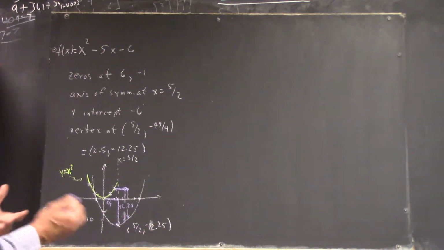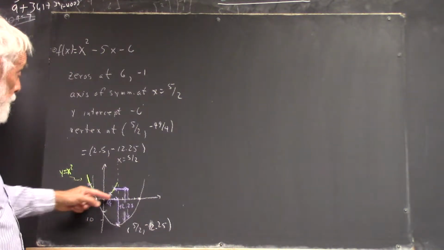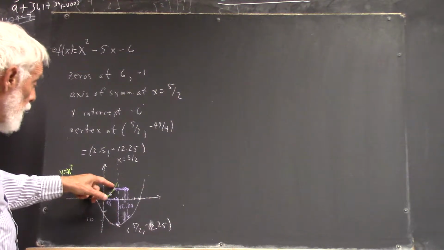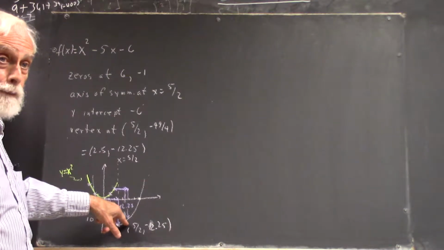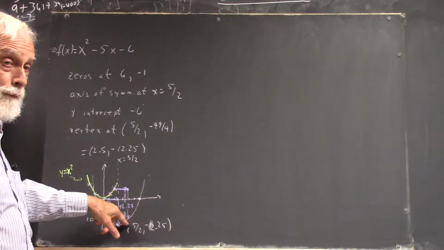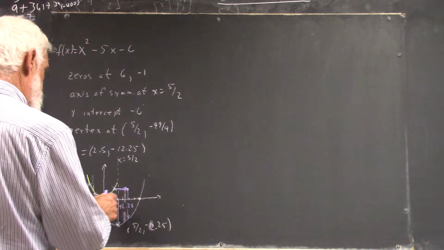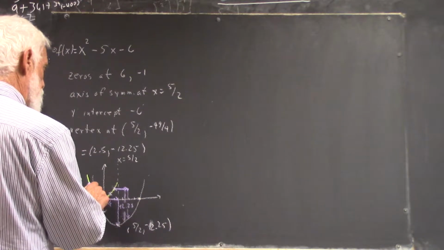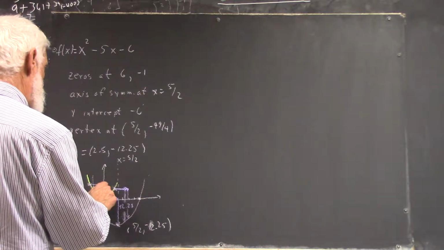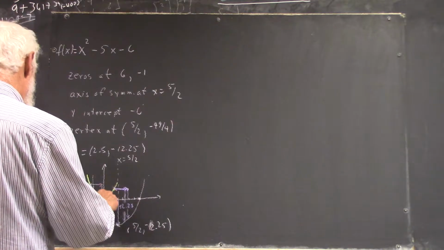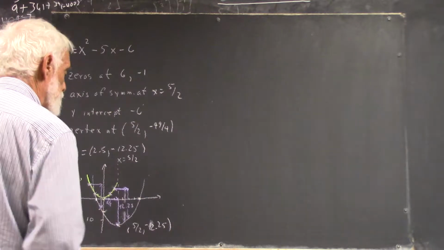Now geometrically, you understand what I'm doing. I'm taking any point of this and I'm using the same two arrows to move that point. And when I do, it ends up on this graph. So this point will move over about this far and down to 12.25, and it'll give me a point on this graph.